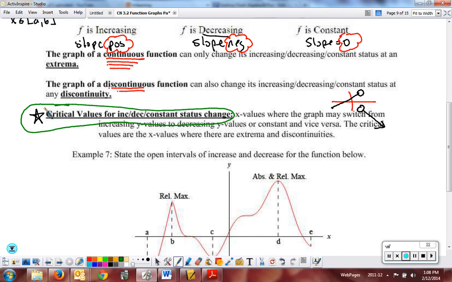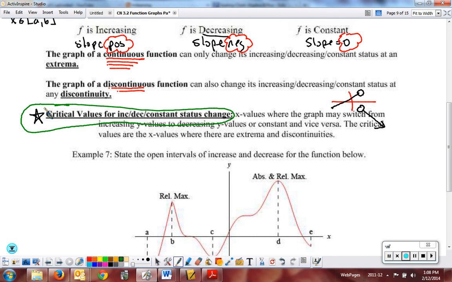And the nice thing about it is we still sort of consider it a sign chart, because where the slope is positive, the function is increasing. Where the slope is negative, the function is decreasing. Where the slope is zero, it's staying the same. So it's still sort of a sign chart.